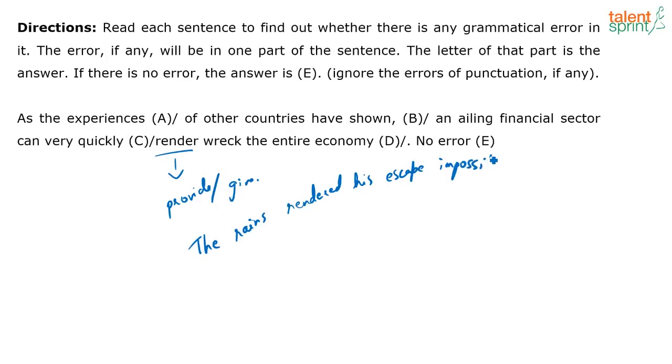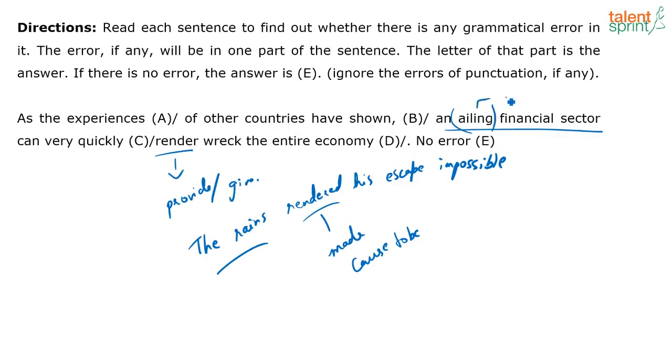So in this context, what I'm trying to say is, because of the rains, it made his escape impossible. He wasn't able to escape, right? The cause or the reason. Are you following? So in the context, it is saying an ailing financial sector. What is the meaning of ailing? It is important for us to understand these words.